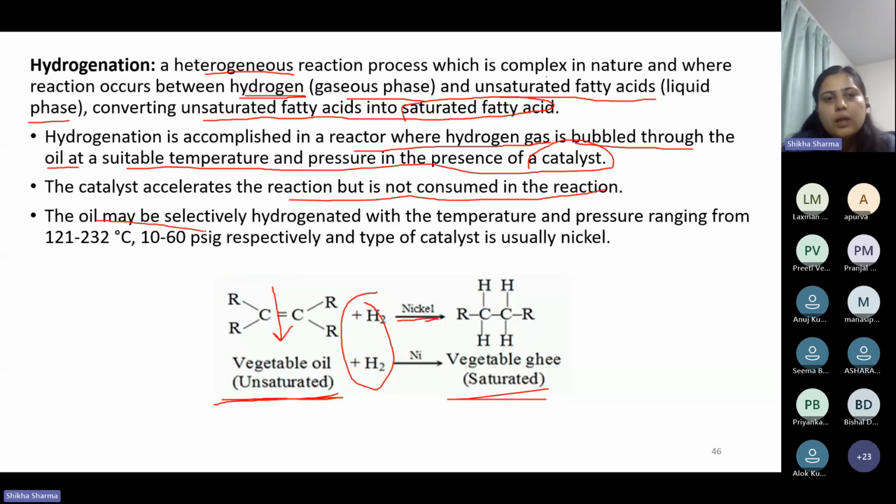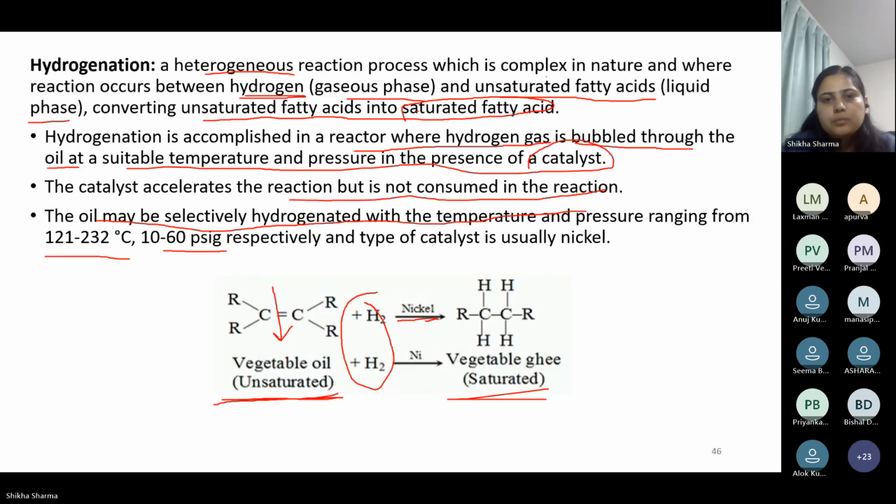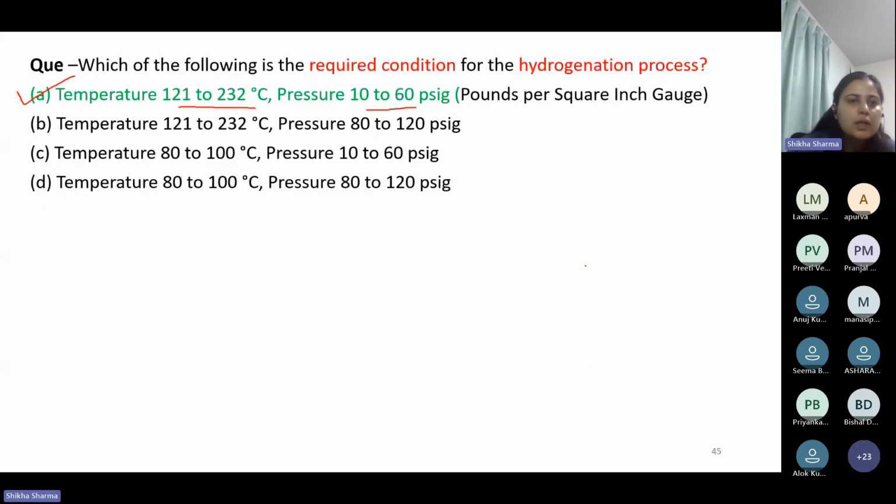Oil may be selectively hydrogenated with the temperature ranging from 121 to 232 degrees Celsius and pressure of 10 to 60 pounds per square inch gauge, and mostly we use nickel as a catalyst. So option A is correct.